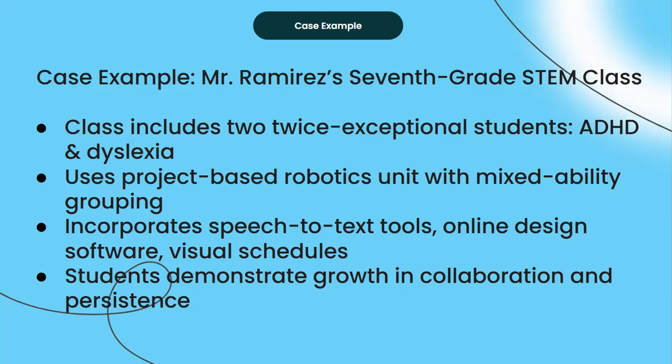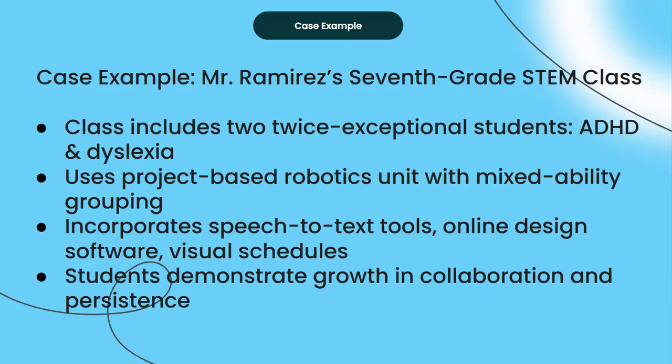He introduces assistive tools like speech-to-text programs for documentation and online design platforms that reduce fine motor strain. A visible visual schedule helps all students track project milestones. Mr. Ramirez uses flexible grouping so students can take on roles that suit their strengths: programming, design, research, or presentation.